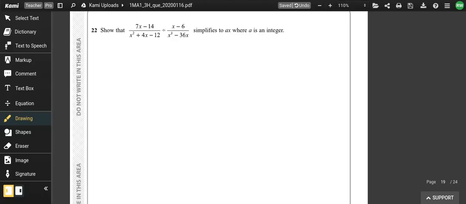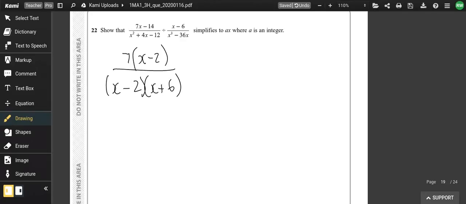Okay, dividing a fraction. Let's try and factorize these as we go. So 7 brackets x minus 2. On the bottom here we have x, and we're going to have 6 and 2, so x plus 6, x minus 2.